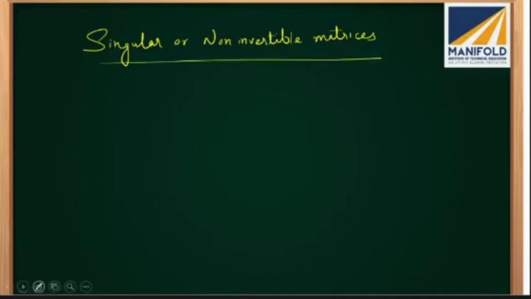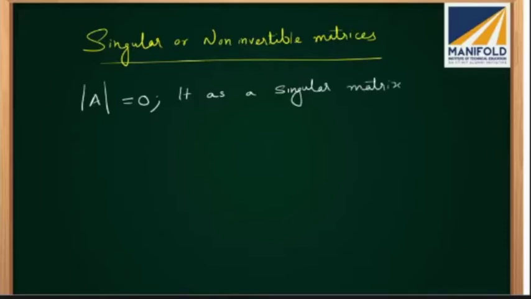For any matrix, if the determinant of that matrix turns out to be 0, then we call it a singular matrix. I'll give an example for a singular matrix. Let us consider the case where we have 2, 4, 1, 2.